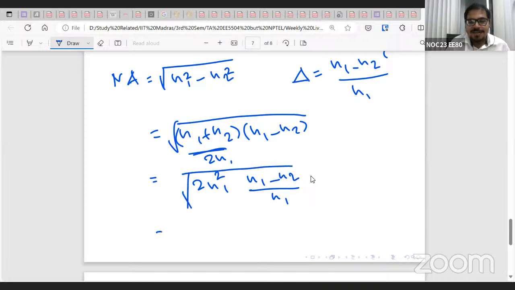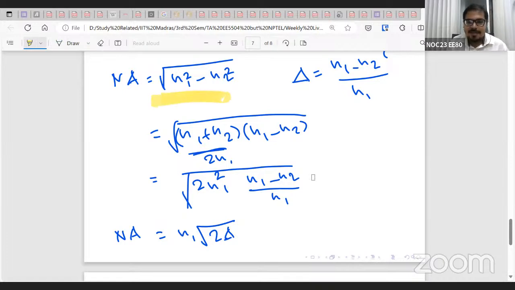So using this much trick, you can have this relation also. So instead of seeing this expression, you might be using this expression. Both are equivalent if this delta is small enough.